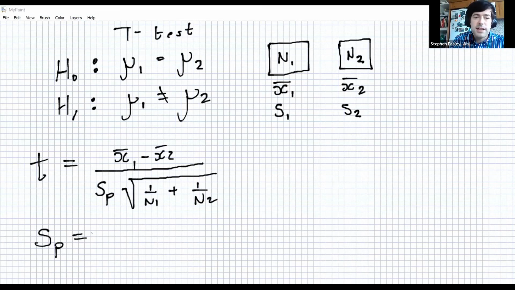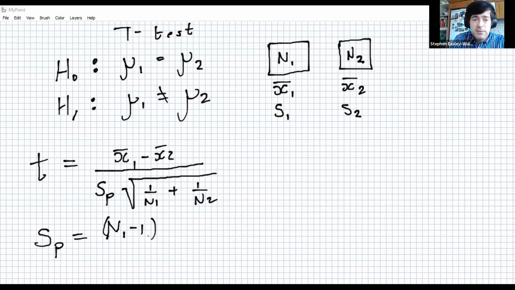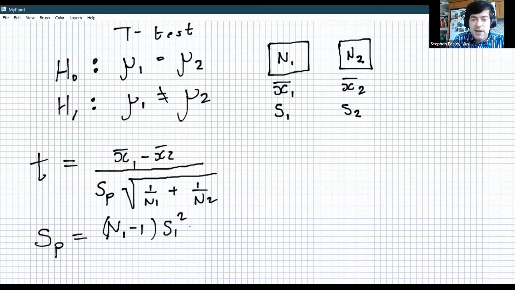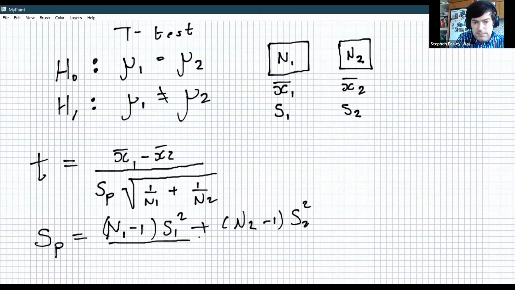It's just a calculation where you combine the two standard deviations into one standard deviation. So that's N1 minus 1, S1 squared, plus N2 minus 1, S2 squared, all over N1 plus N2 minus 2.